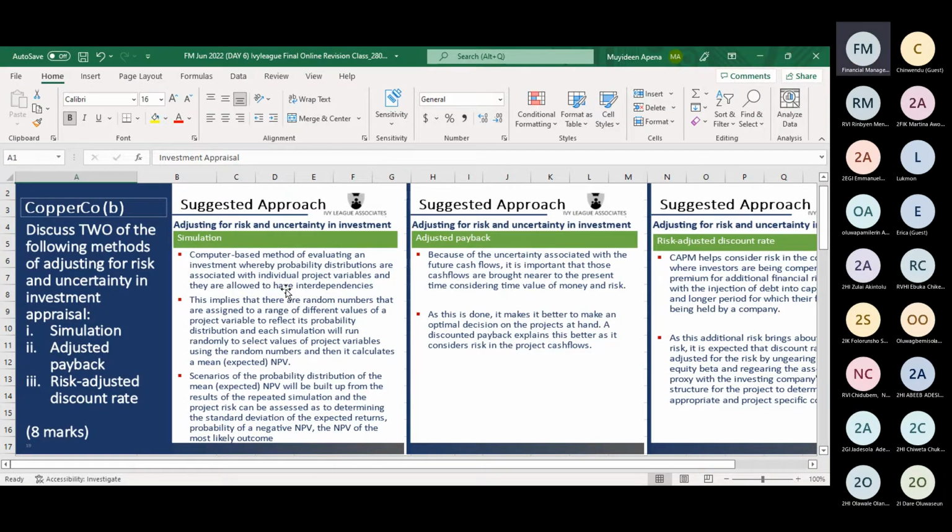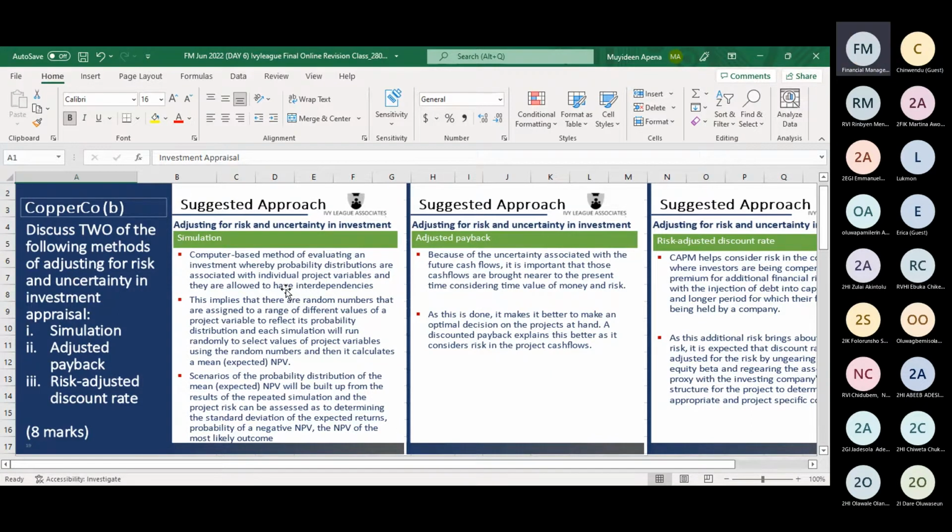It can also be used to test the standard deviation of the expected returns. So all of these things are things that play out with simulation and probability analysis. So, like I said, simulation also incorporates probability analysis into the way it works. Now, adjusted payback. Recall how we treated payback.